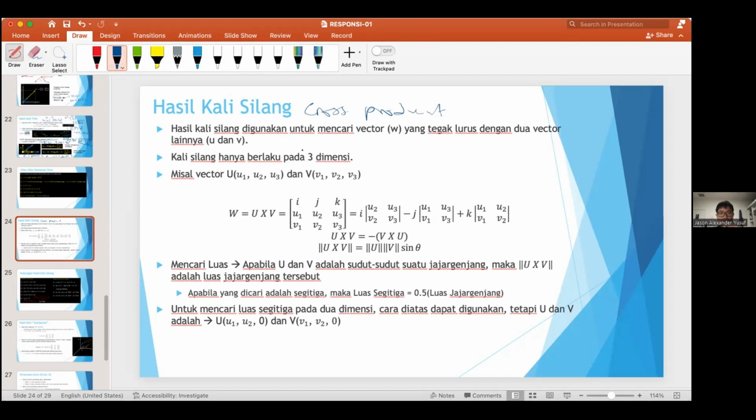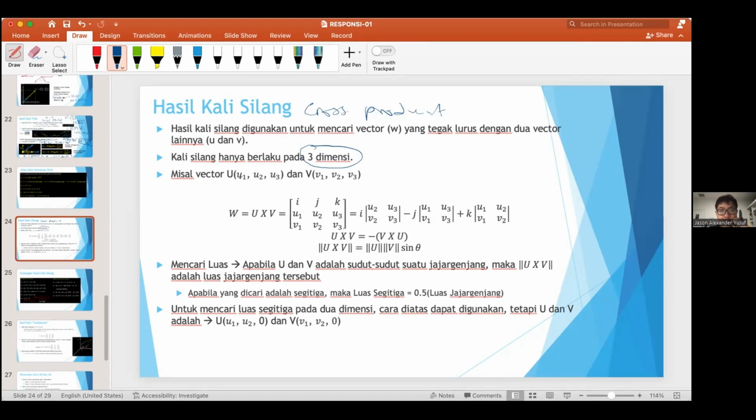Okay. Bear in mind that the cross product only applies to three-dimensional vectors.